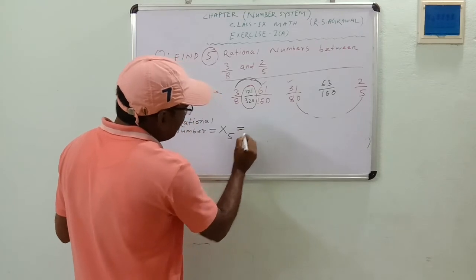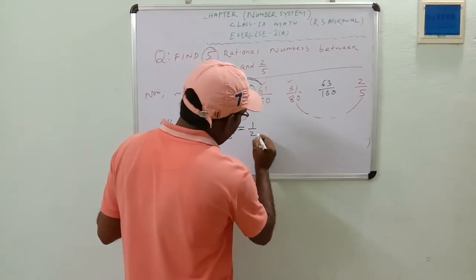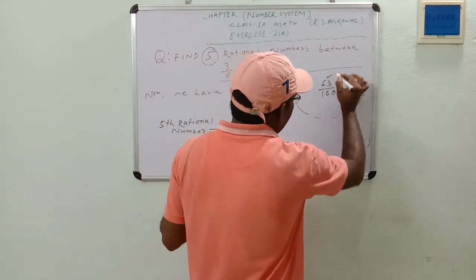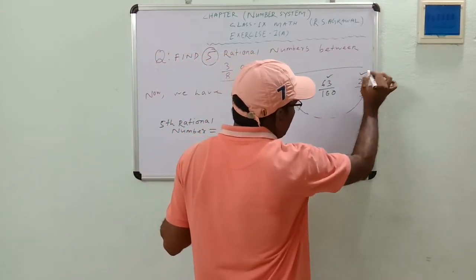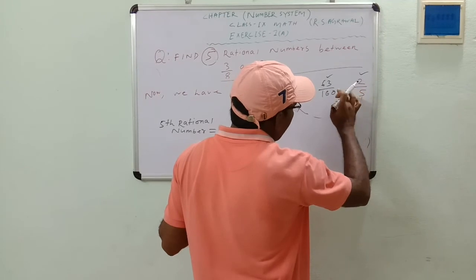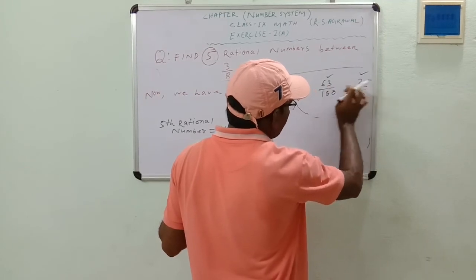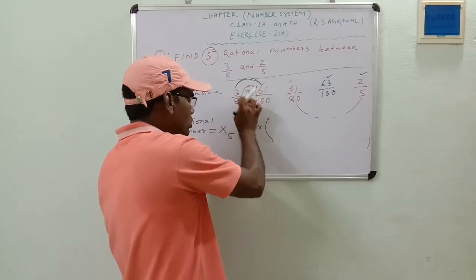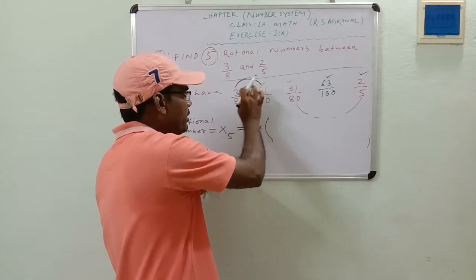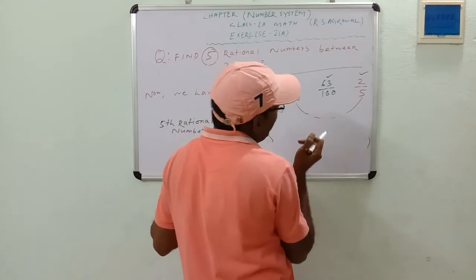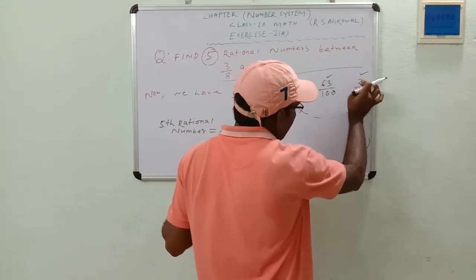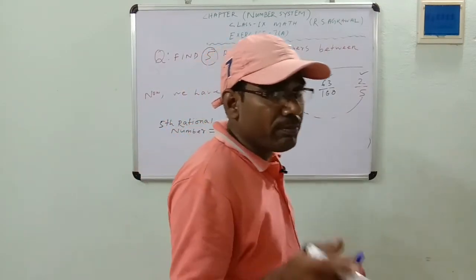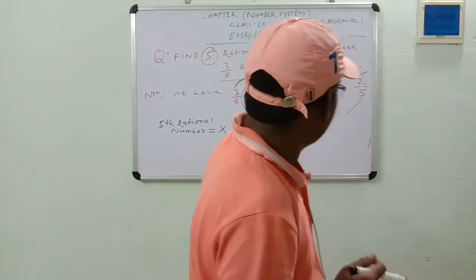So x5 will be equal to 1 by 2 into, value of a will be 63 by 160, value of b will be 2 by 5, because you want to find a rational number between these two, just as you found between these two, that is 121 by 320. Similarly, you find a rational number between these two rational numbers, and it will be your fifth or last rational number.